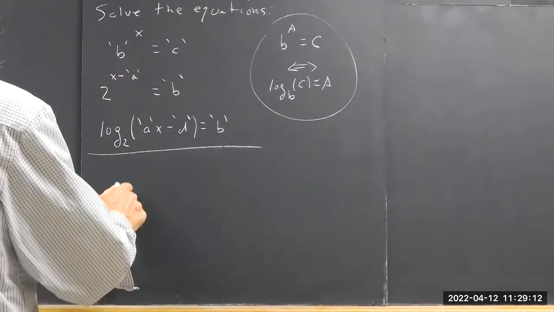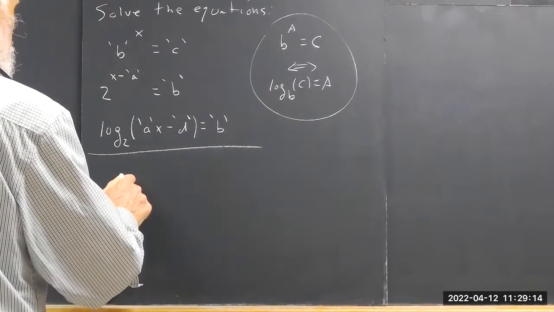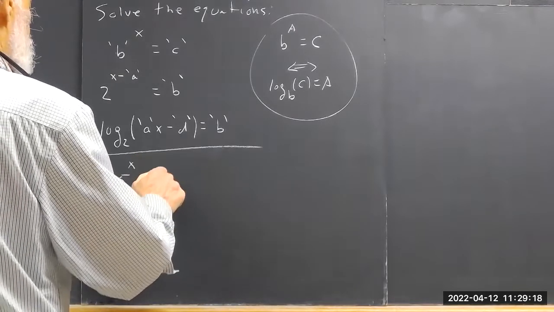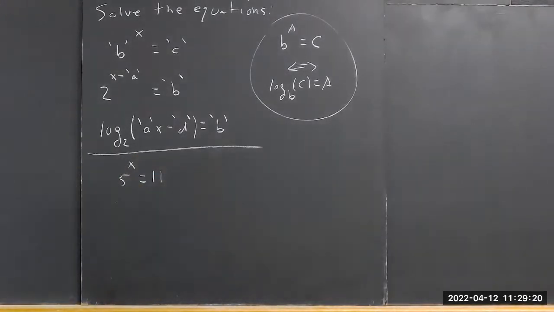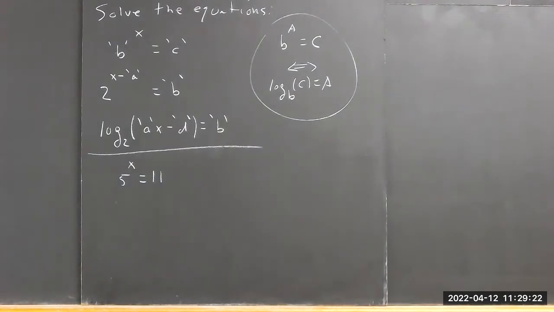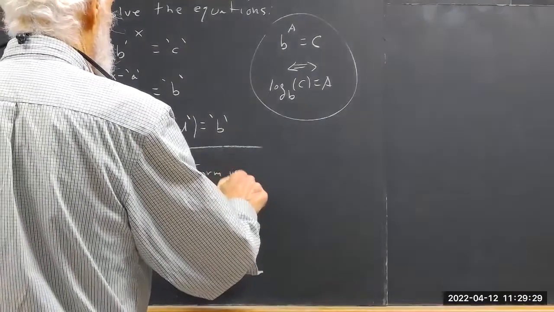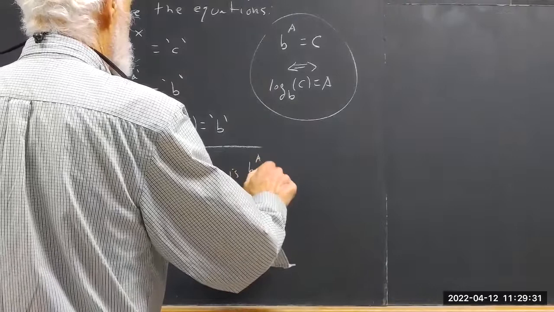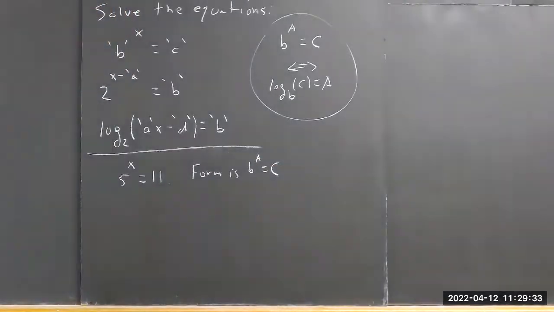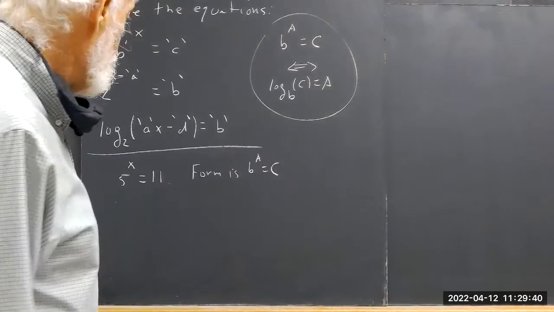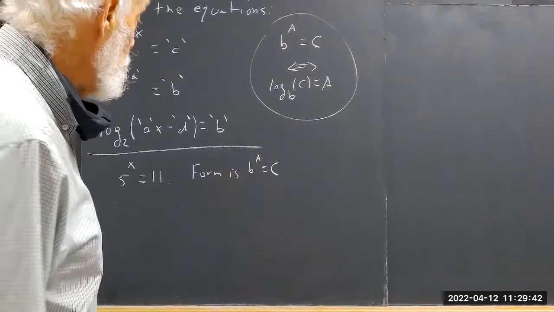Let's say B is 5. So we've got 5 to the x equals C, which let's say is 11. The form is B to the A equals C. It's clear you have some number to a power equals some other number.